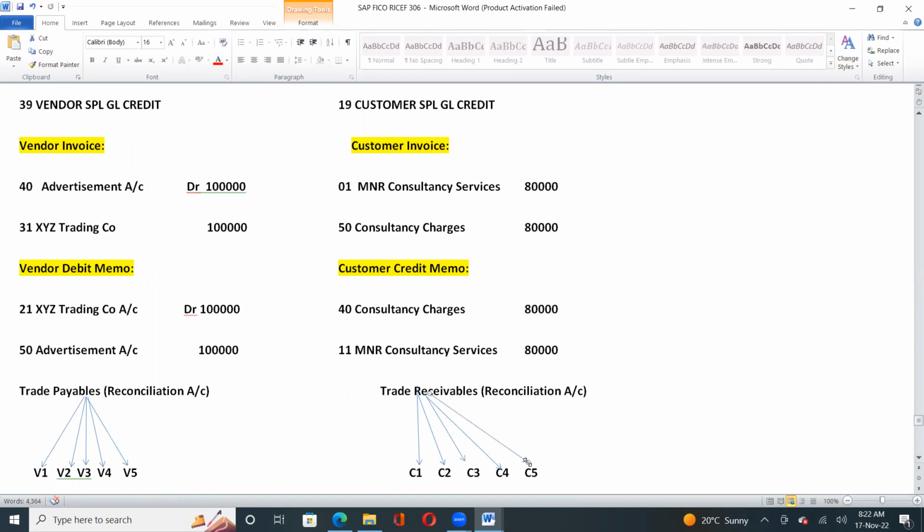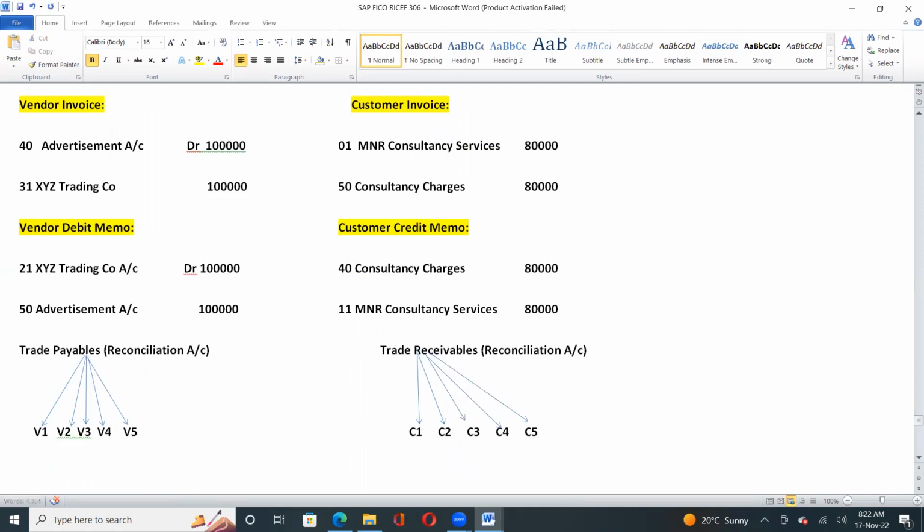Just write down. We'll call these subledgers. This V1 and these we call subledgers or vendor masters.